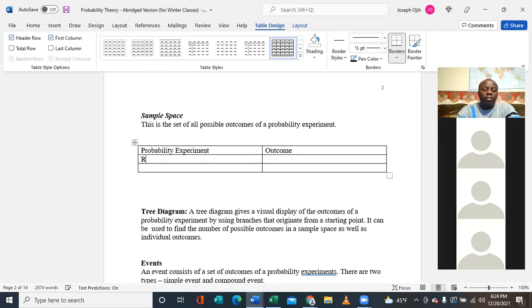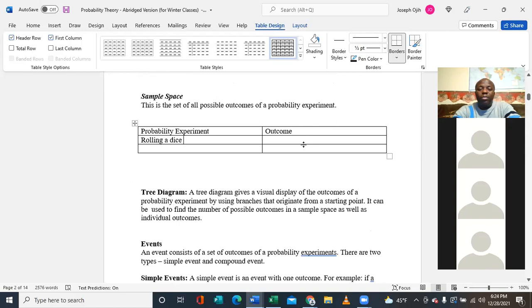Rolling the dice. For one dice, you know that the dice has 6 sides. So all the possible outcomes include 1 showing up, 2 showing up, 3 showing up, 4 showing up, 5 and 6. These are all the possible outcomes.